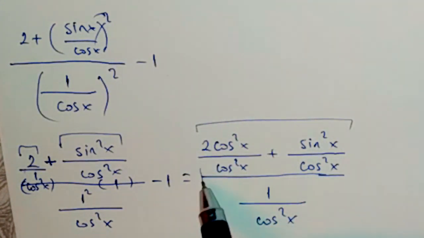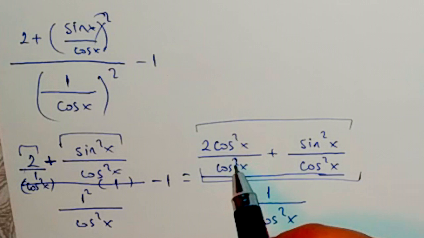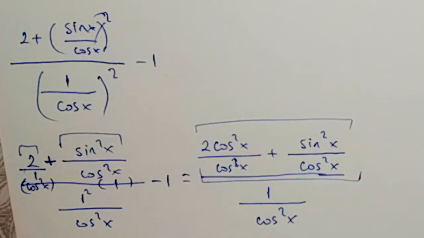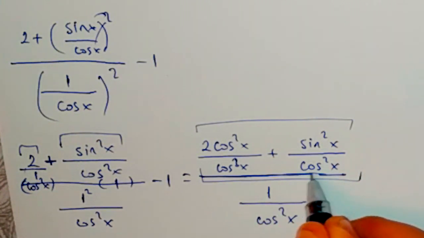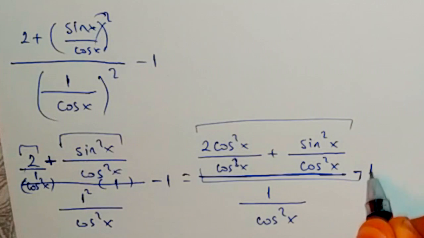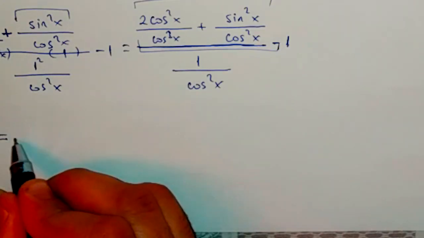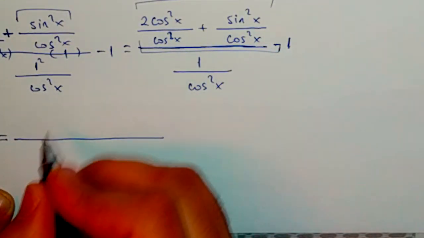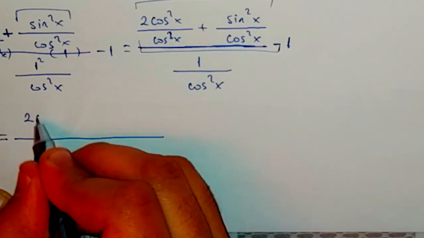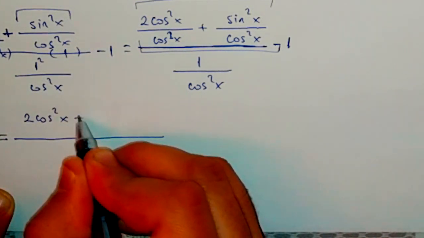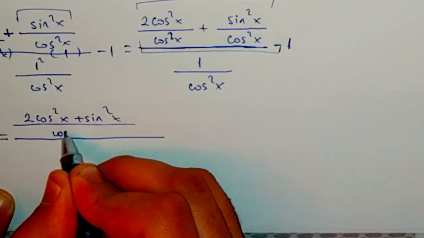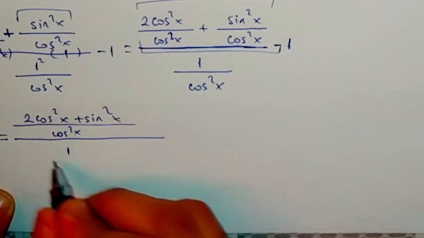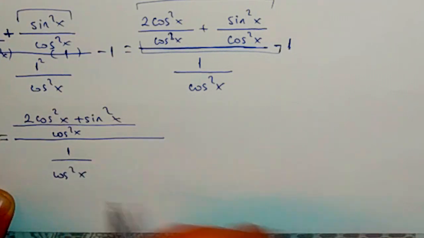In this part I have equal denominators, so I will add numerators like this. I'm sorry, I have forgotten minus 1. Here I can add like 2 cosine square x plus sine square x over cosine square x, minus 1 over cosine square x.